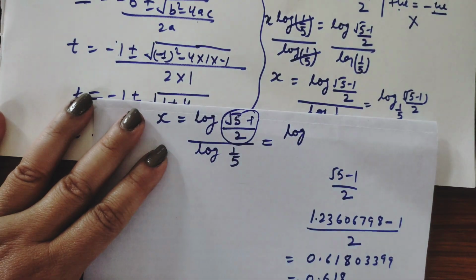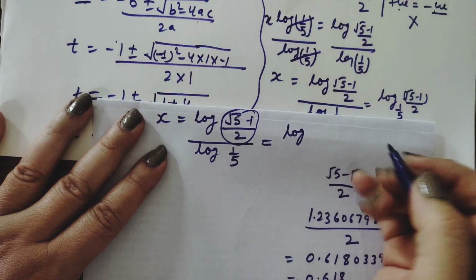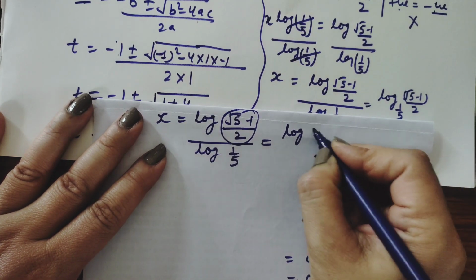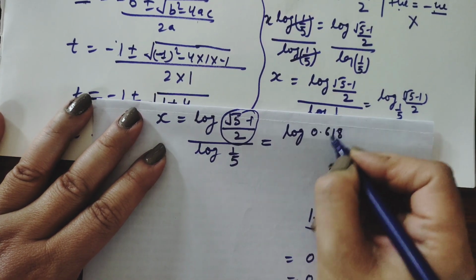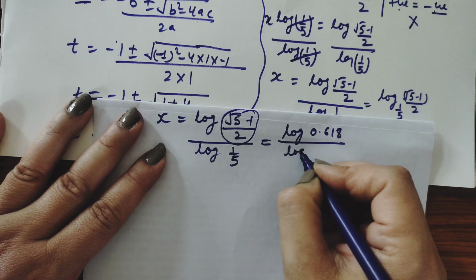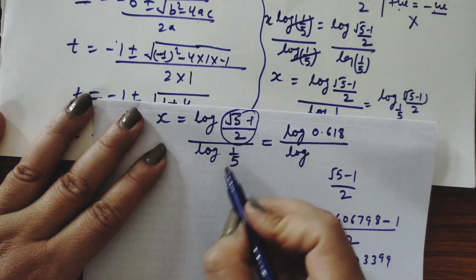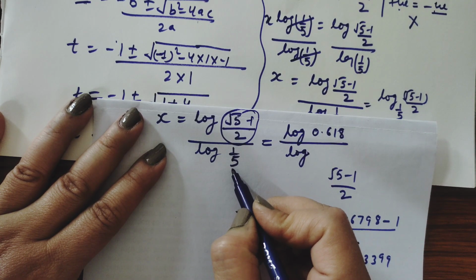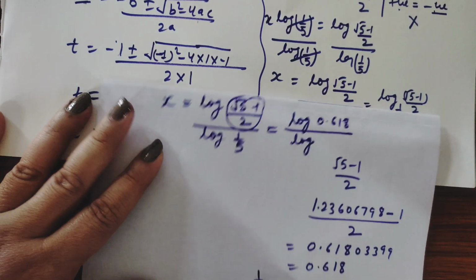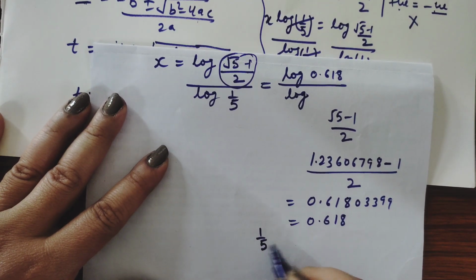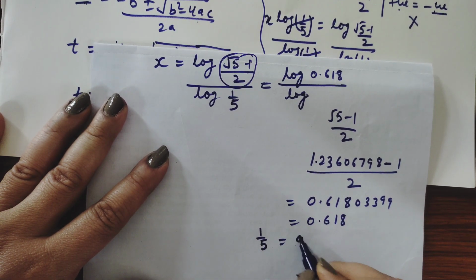So log 0.618 upon log of 1 upon 5. Everybody knows that 1 upon 5 is 0.2.